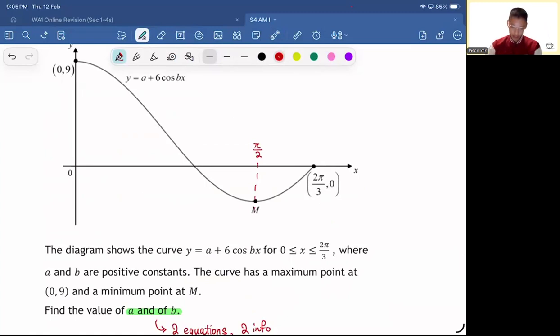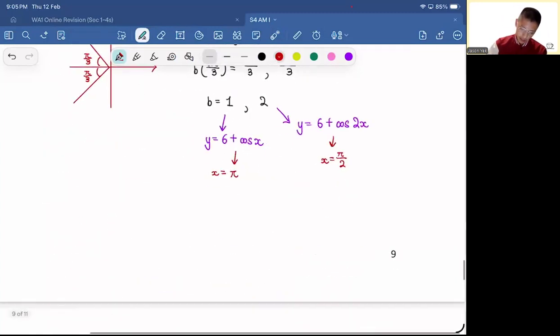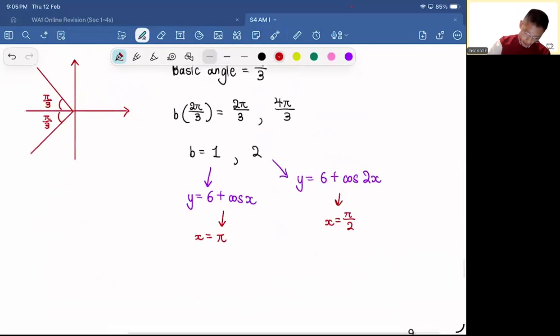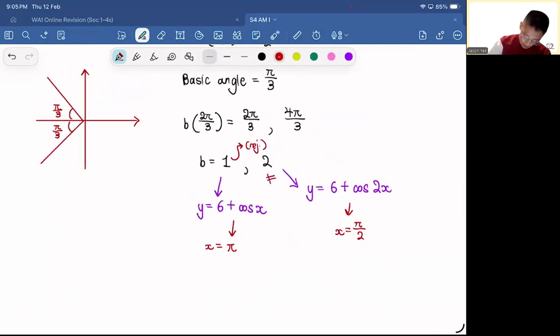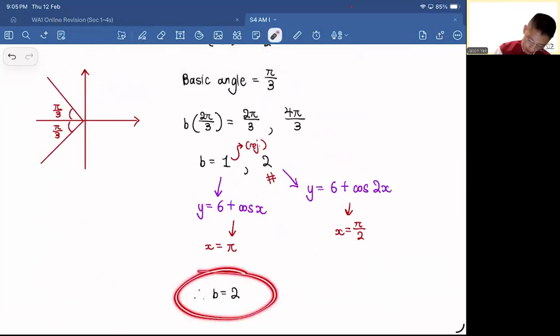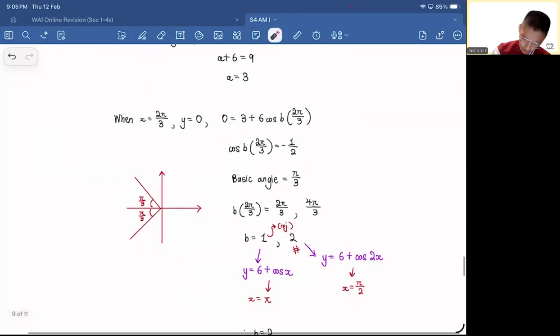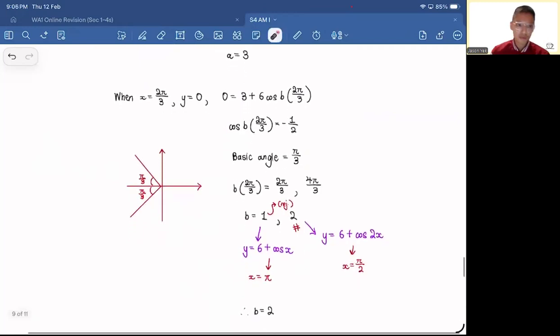Okay, possible. So that's why by looking at the fundamentals over here, we know this is rejected. B is equal to 2. You just need to write rejected. If you are afraid that your teacher may be affected by the working, write the final statement, B is equal to 2. A, no issues. A, only one answer. A is 3, B is 2.